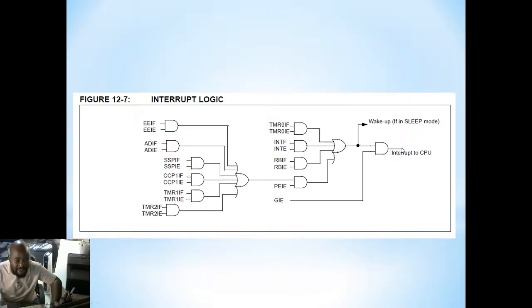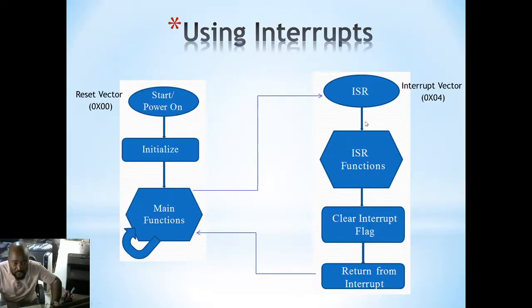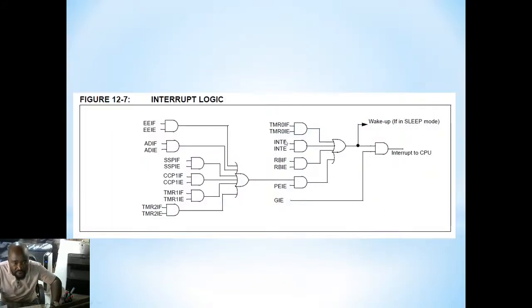Now, at the interrupt vector 04, you execute the ISR function, and then you have to clear the flag. In this case, the flag we're going to clear is INTF, so that the output of this AND gate becomes 0, and now the actual instruction to go to 04 also becomes 0.